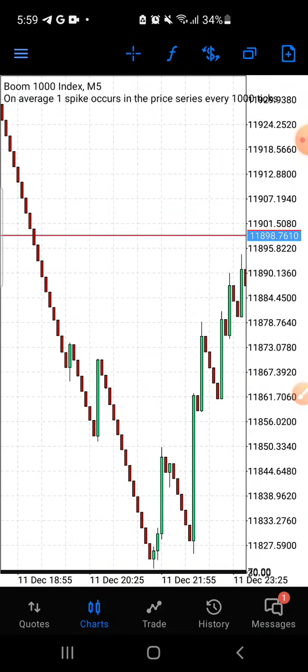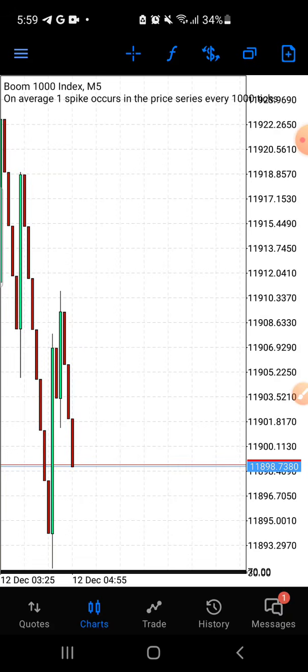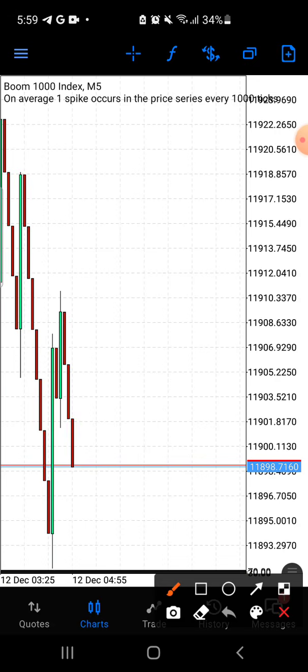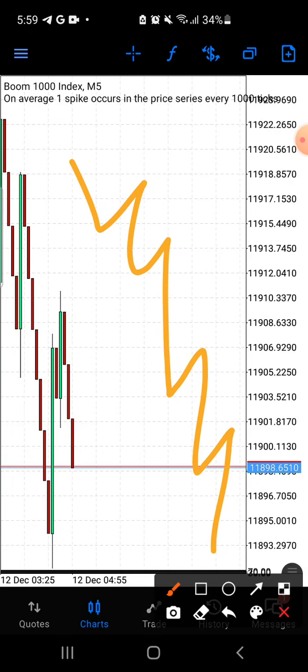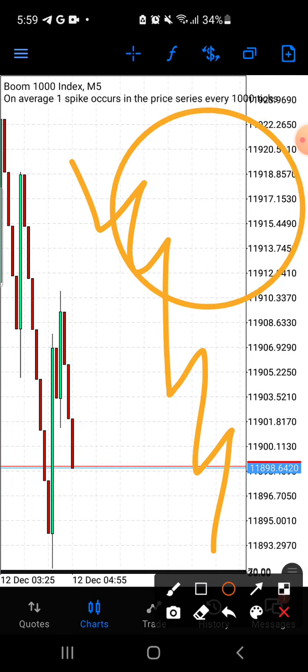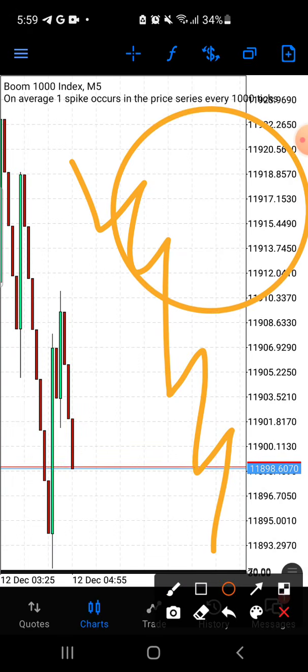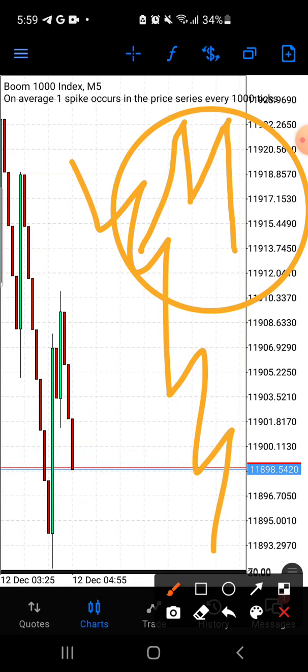So remember, the first thing you need to do, you go to a higher time frame to see the trend. Once the price is trending down, then you come to a lower time frame and look for double top inside this trend. You come to the 5 minutes time frame to look for double top inside the trend, and you make your entry.